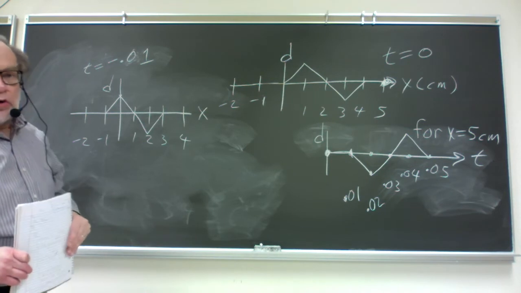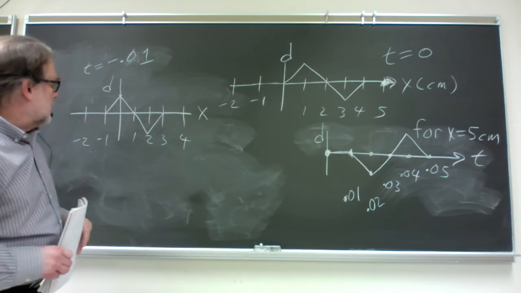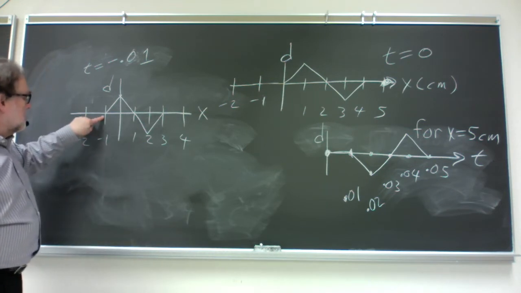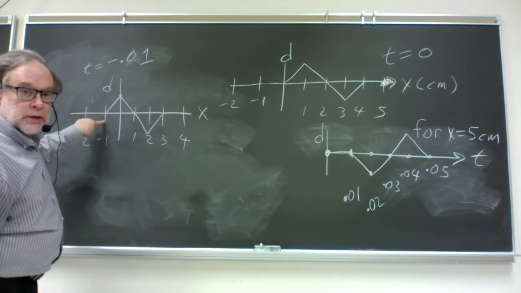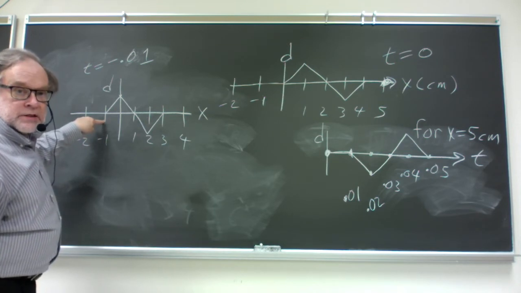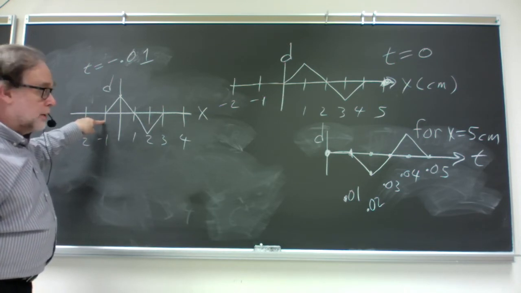And then if you go back to earlier and earlier times, you'll see the pulse passing through the x equal -1 point.